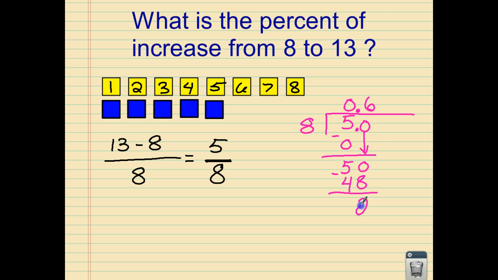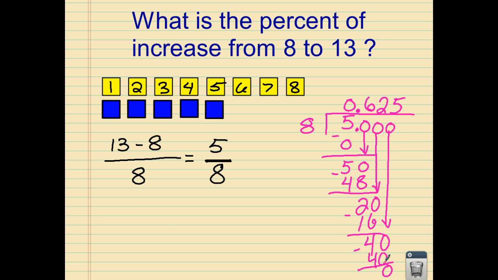Subtract, we have 2. 8 cannot go into 2, so we add another 0. Bring it down. 8 goes into 20 2 times. 2 times 8 is 16. Subtract again, and we have another remainder of 4. Add a 0, bring it down, and it looks like we have completed it. 8 can go into 40 5 times. 5 times 8 is 40, and we have no remainder.